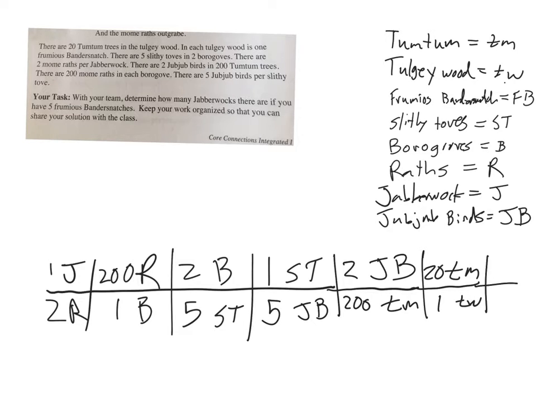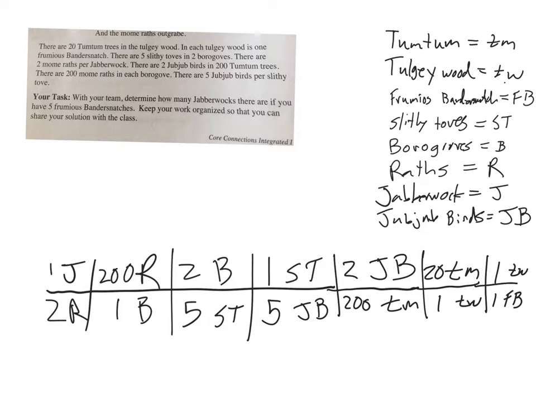Now I need to know about Tolgi Wood. Where's Tolgi Wood? In each Tolgi Wood is 1 Frumious Bandersnatch. So 1 Tolgi Wood is 1 Frumious Bandersnatch.